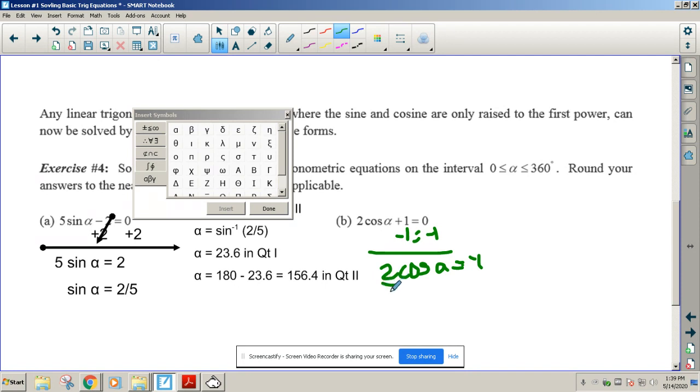Being that it's negative, you're going to now consider what quadrants we'll be landing in, and cosine of alpha is -1/2. So if I solve for alpha first, I get my angle alpha is the arc cosine of 1/2.